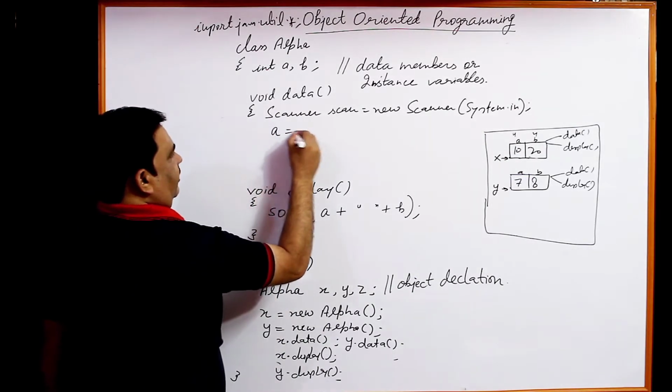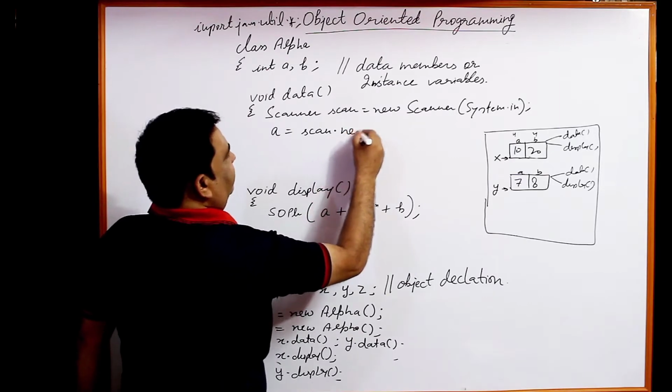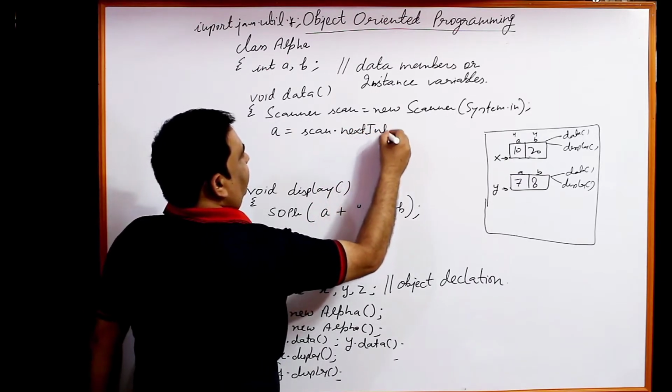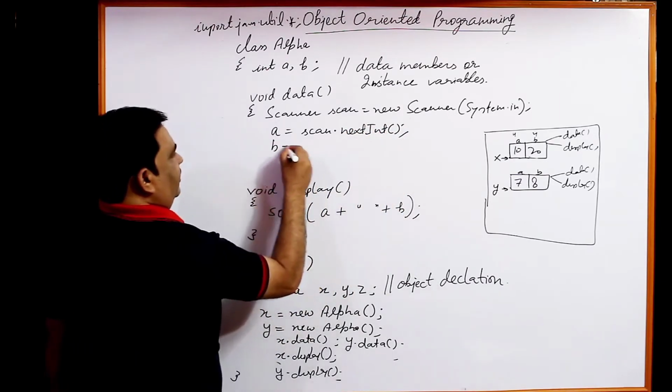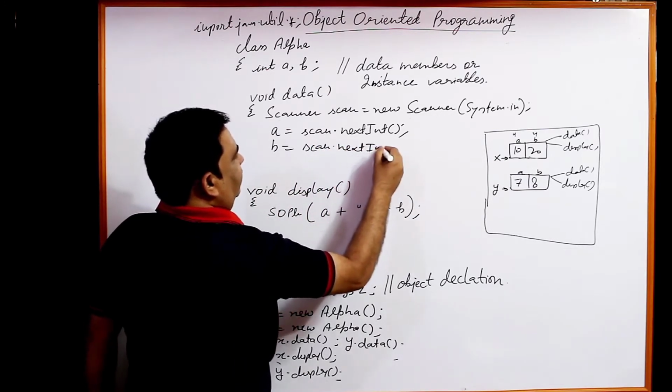You can write a equal to scan dot next int, b equal to scan dot next int.